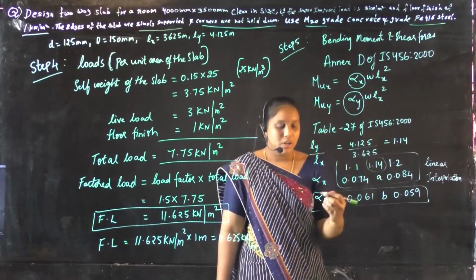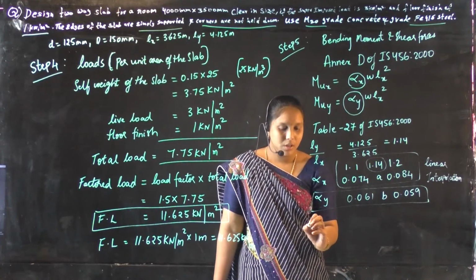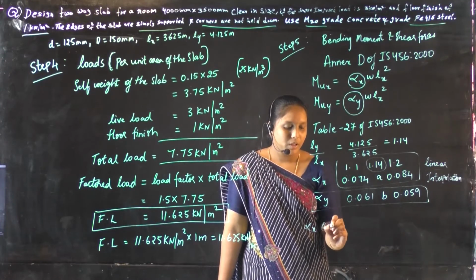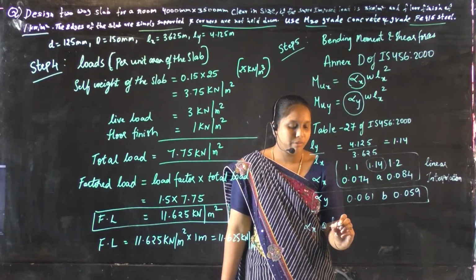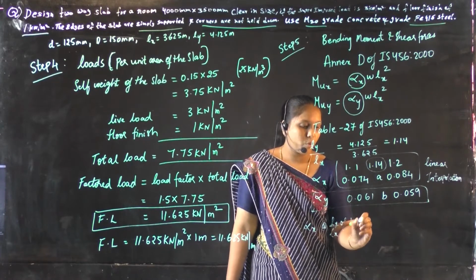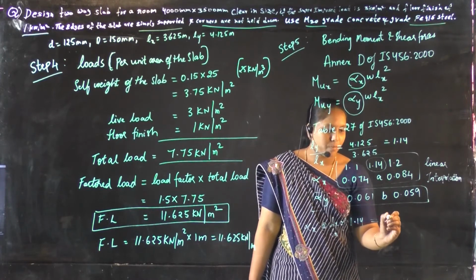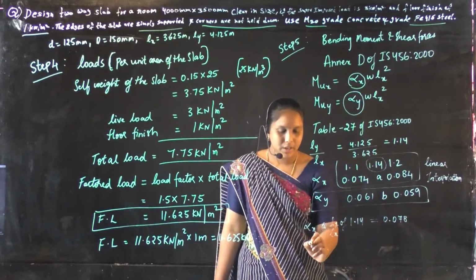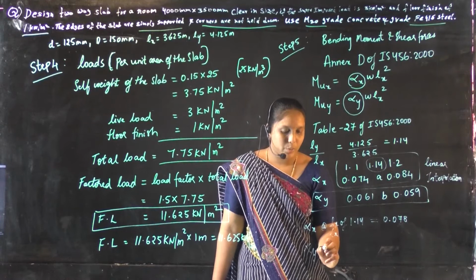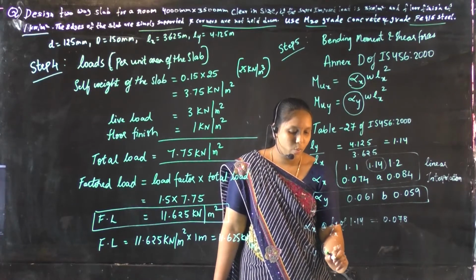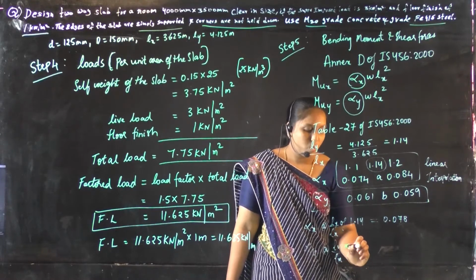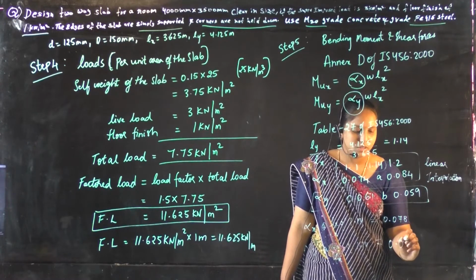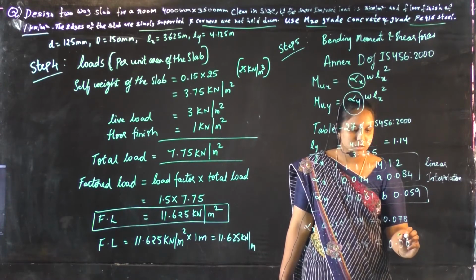If you do so, you will get the alpha x value at the Ly by Lx ratio of 1.14 as 0.078, and the alpha y value at the Ly by Lx of 1.14 as 0.0596.